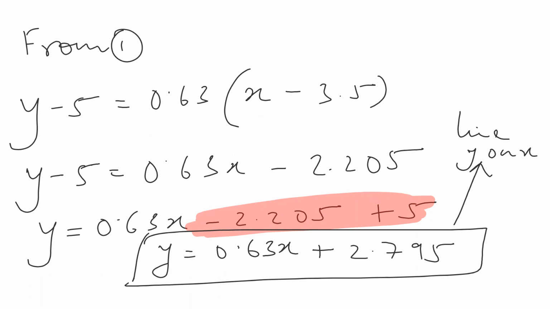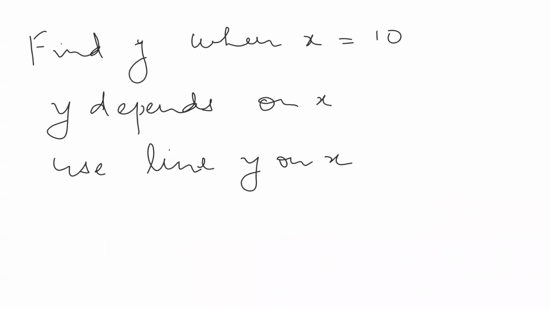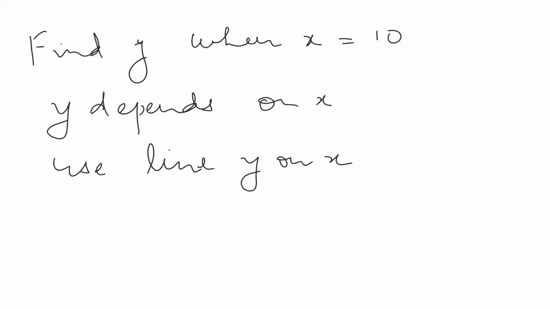Now one more thing is asked in the question, the related part. They are asking to calculate y when x is equal to 10. So they are asking find y when x is equal to 10. Okay, so y depends on x, right? So use line y on x, and the y on x line is already ready with us. This is line y on x, 0.63x plus 2.795.